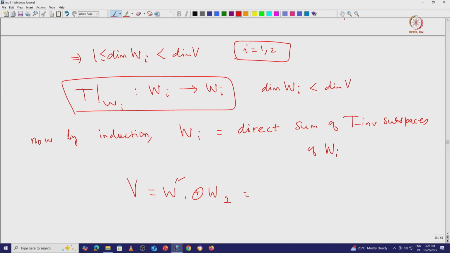Putting them together, you can write V as a direct sum of indecomposable T invariant subspaces.